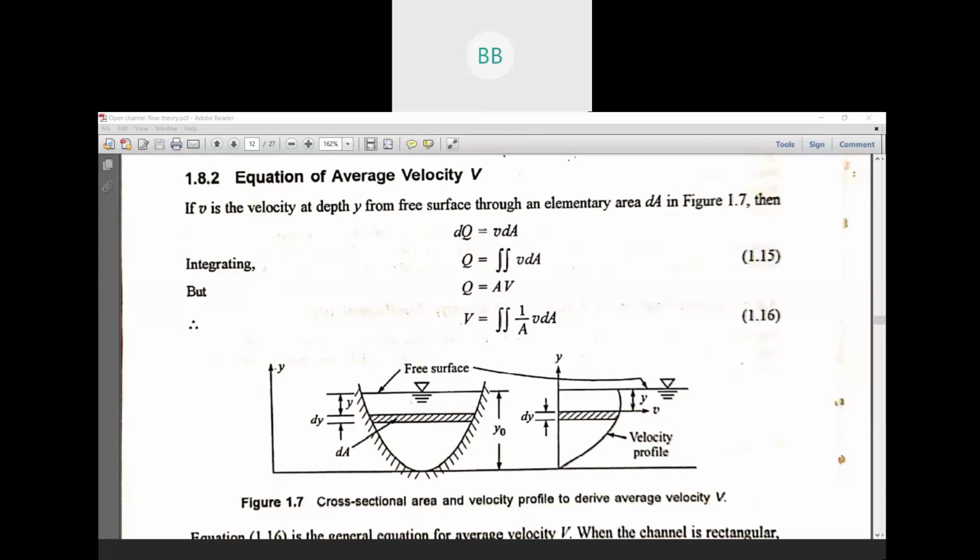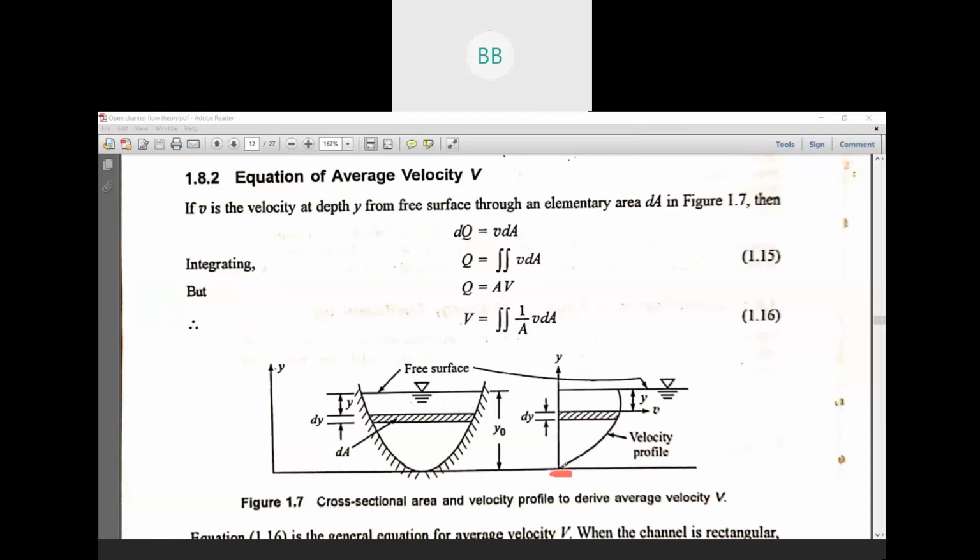So the maximum depth is y naught, and this is the velocity profile that we have already discussed. Here is the bottom of the channel.